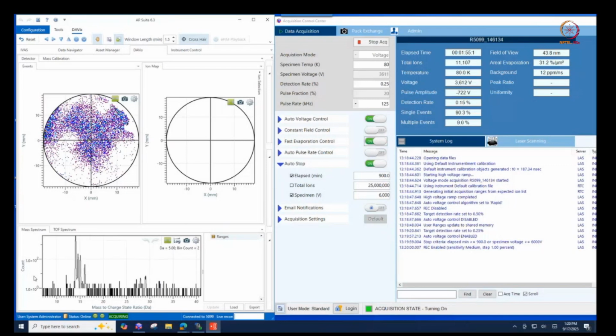You can see near 14 some peaks appearing, which indicates that silicon atoms are getting field evaporated and detected. So now, to make our process slightly faster, let me increase the detection rate to 0.5.